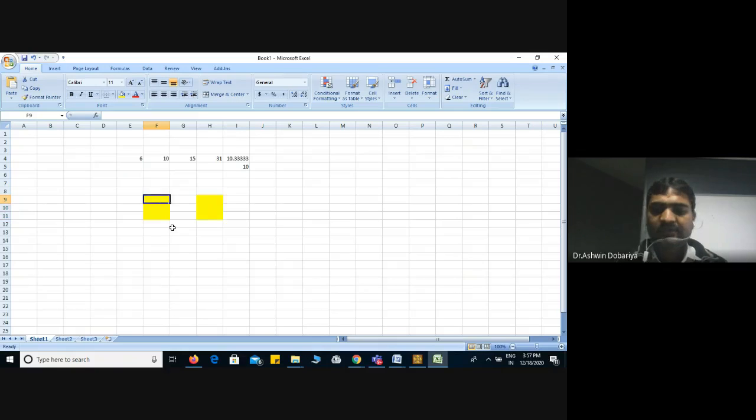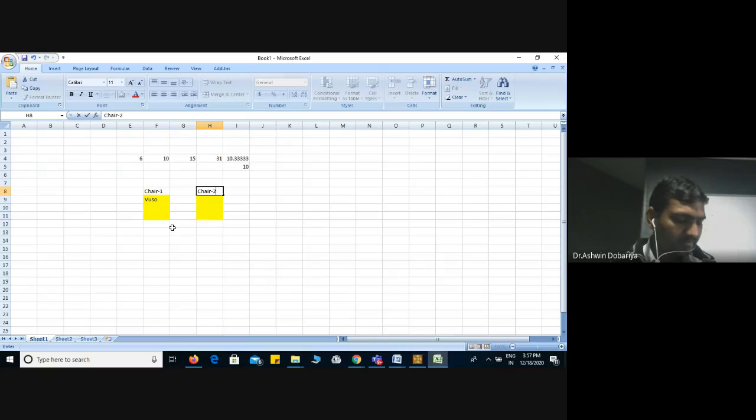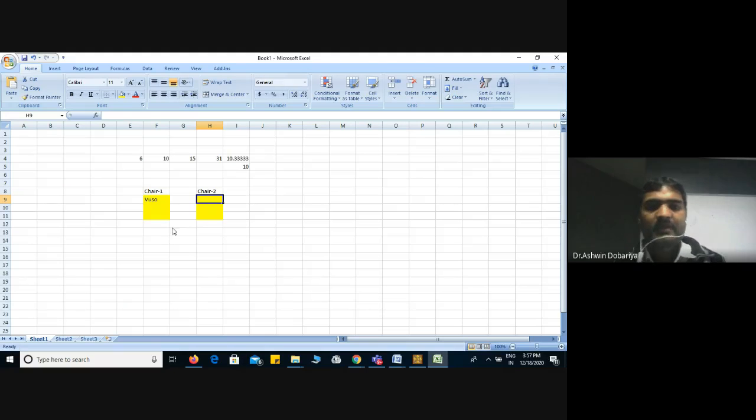In the first chair, suppose Wuso is sitting, chair number 1. In chair number 2, for example, Jimmy is sitting.